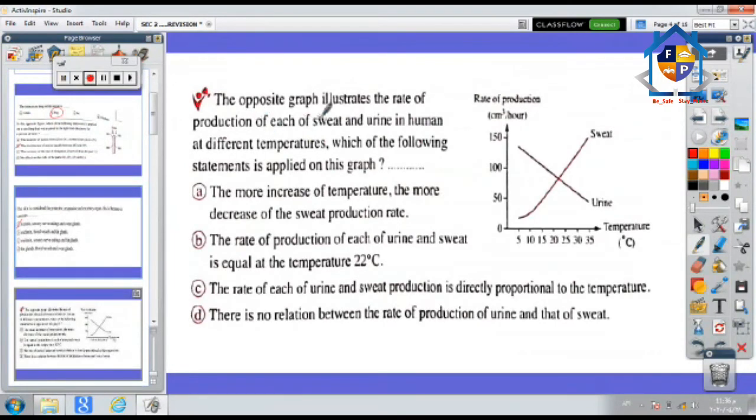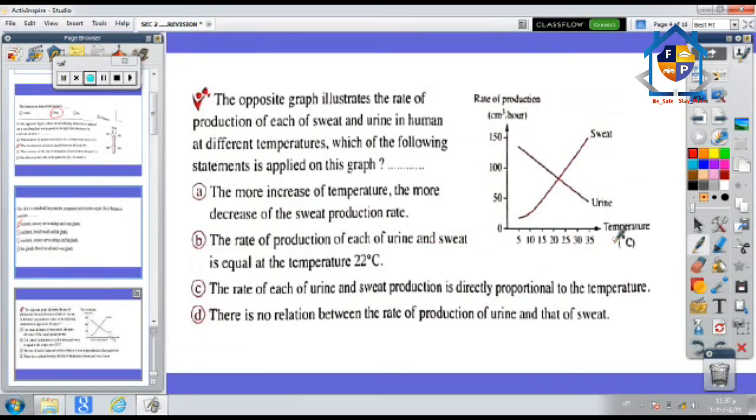The opposite graph illustrates the rate of production of each of sweat and urine in humans at different temperatures. Which of the following statements applies to this graph? It is the graph of the relation between the rate of production and temperature. As we go right, the temperature increases, from 5, 10, 15, 20, 25, 30 and 35.